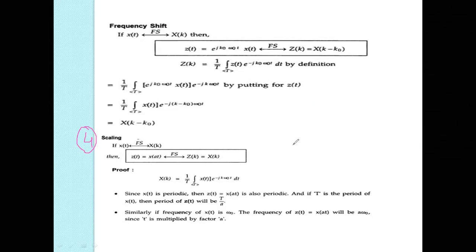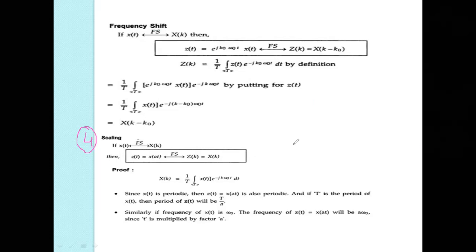Already we've seen the basic operations on signals, the time scaling. The time is scaled with A, where A is greater than 1 or A is less than 1. When A is greater than 1, compression occurs. When A is less than 1, expansion occurs in the time scale.